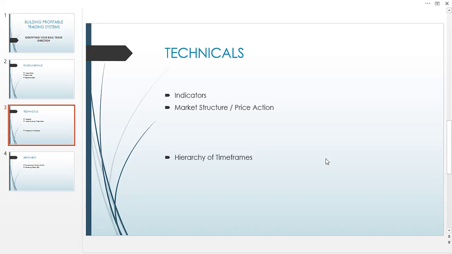Now, if they are in between each other, like the 50 is in between the 200 and the 100, then we have what we call a ranging market, and that is not where we want to play. We don't want to trade during those kinds of situations. And then if it's the other way around, the 50 is above the 100, the 100 is above the 200, then we say we have an uptrend. So these are various things you can play around with.